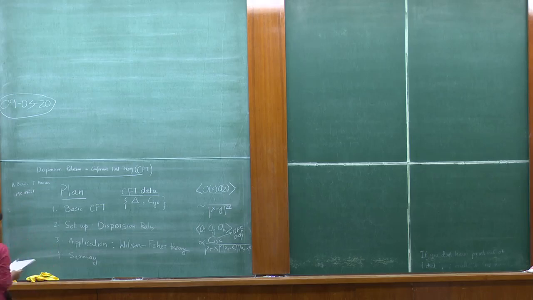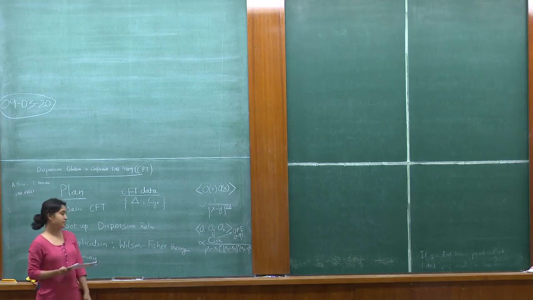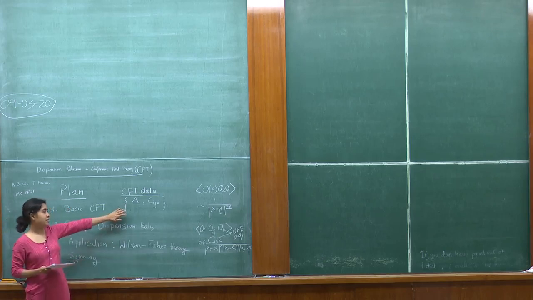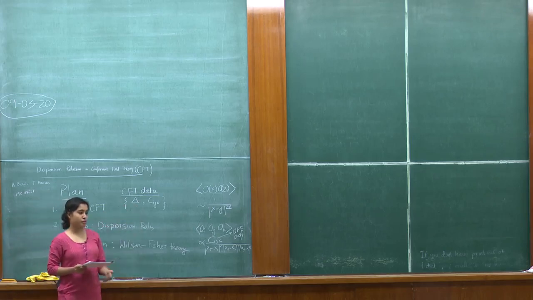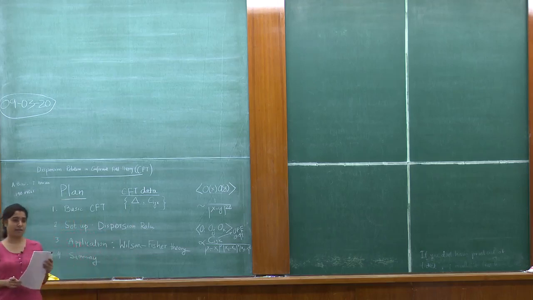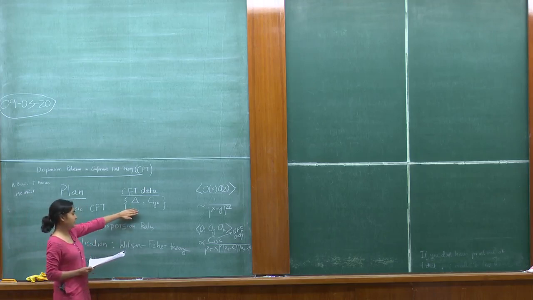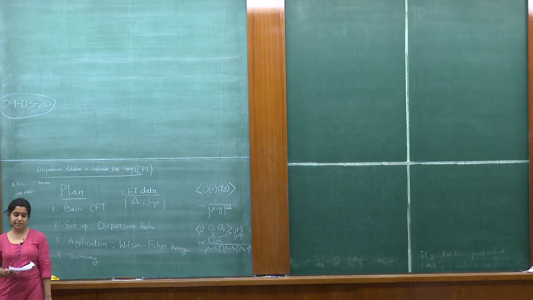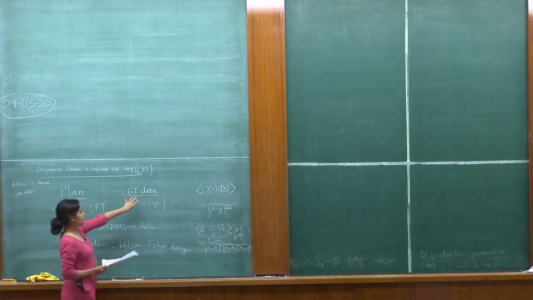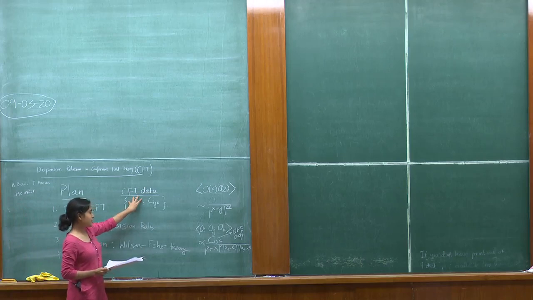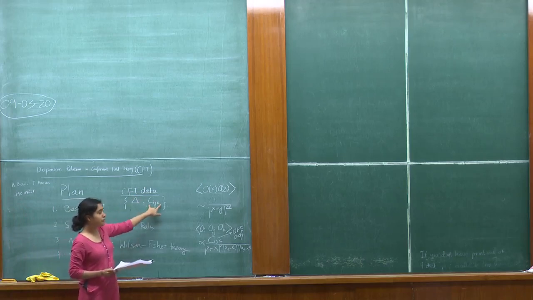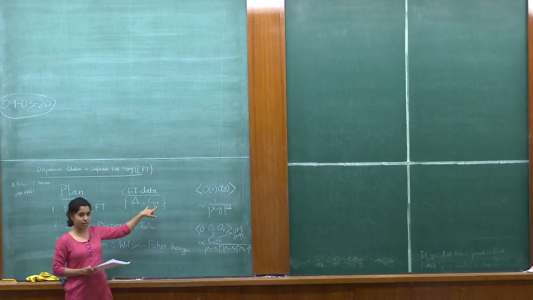Now, the question that I will ask today is: is it possible to define a CFT with less data? And I will discuss this today in the context of perturbation theory, where we will see that it is possible in perturbative settings to define a CFT where we know these dimensions and only a few of these OPE coefficients.